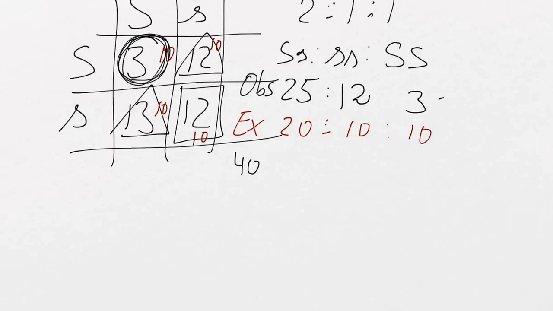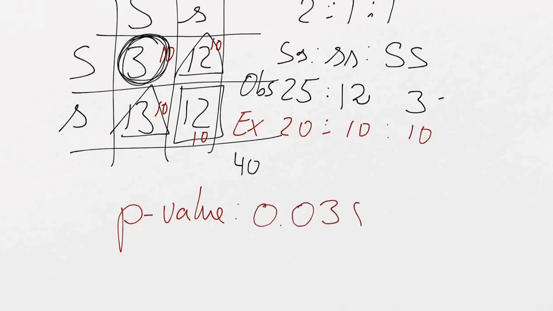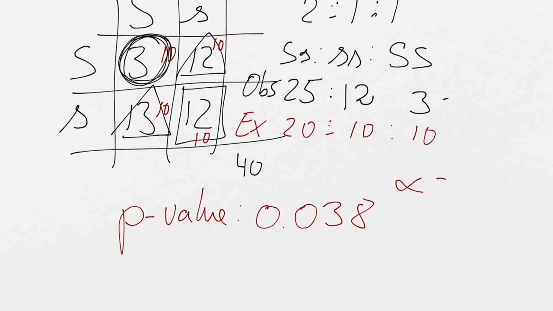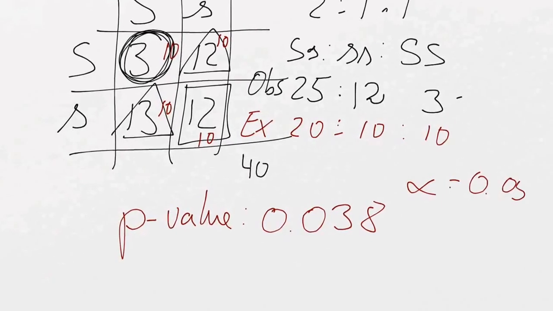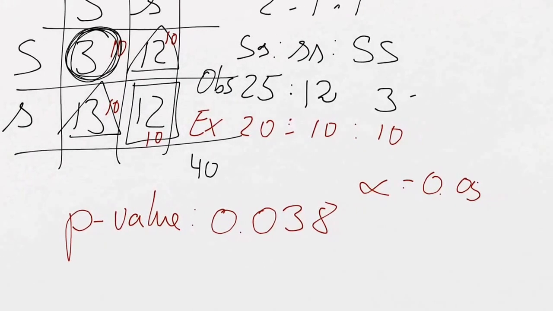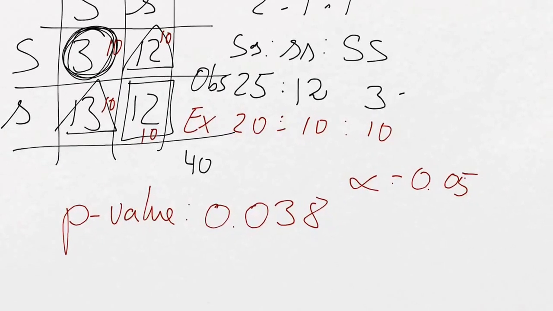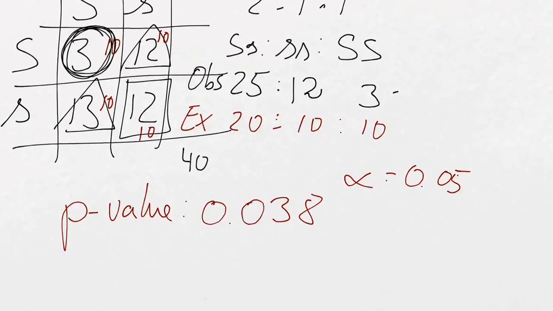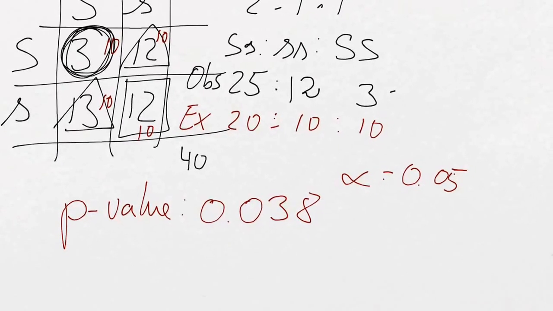Now, if you do the p-value for that, you will find that in this case, the p-value is 0.038 at an alpha of 0.05. What does this tell you?